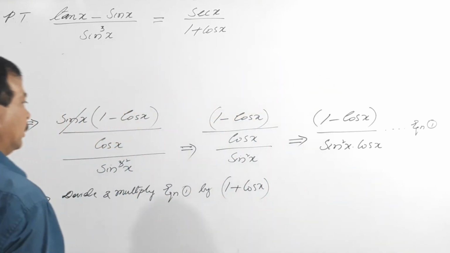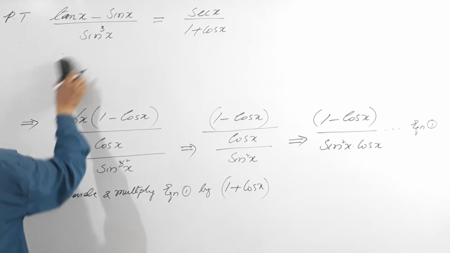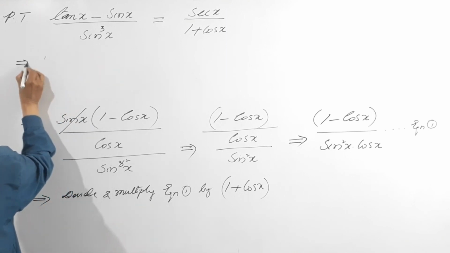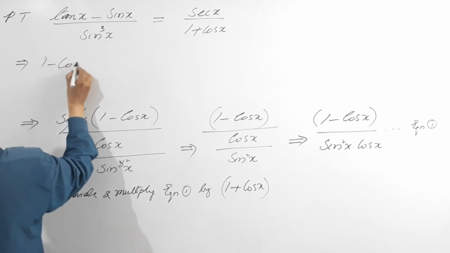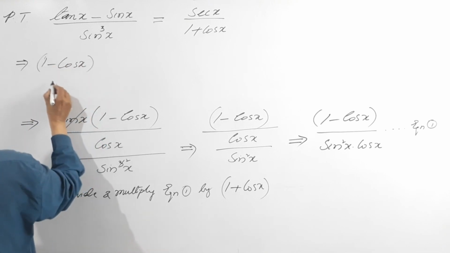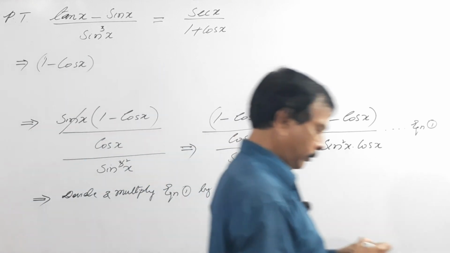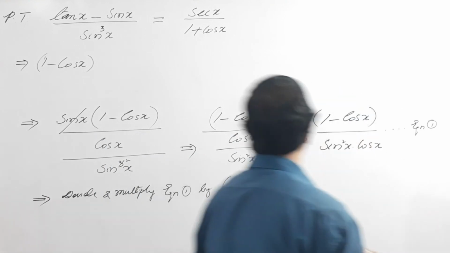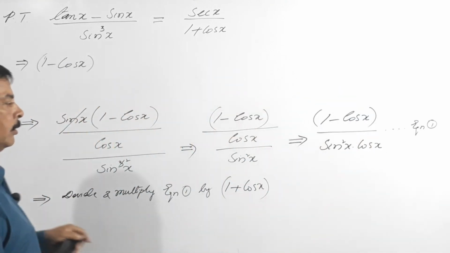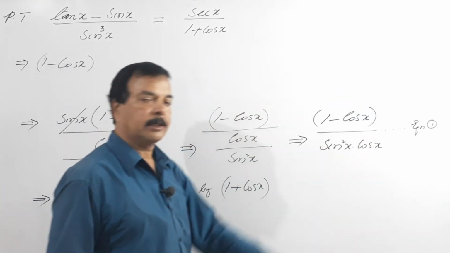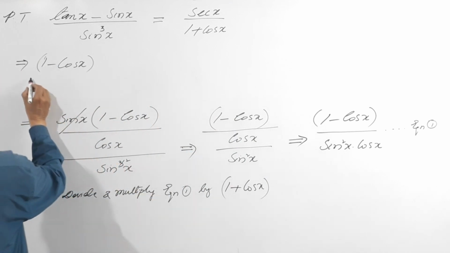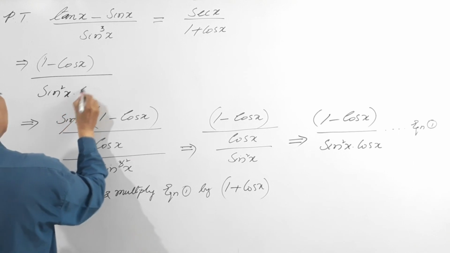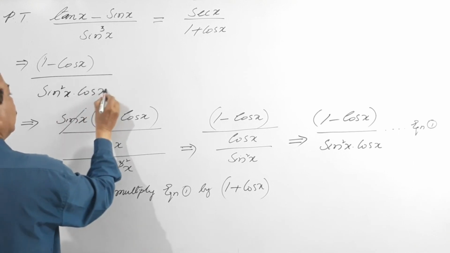So what happens here? We have equation 1 is what? 1 minus cos x by sin square x into cos x.